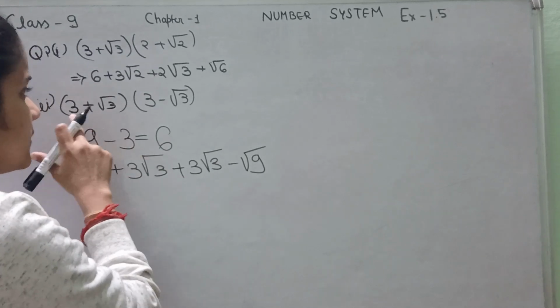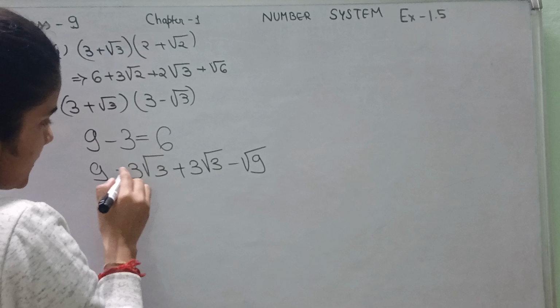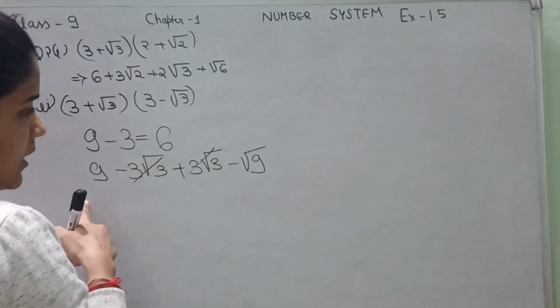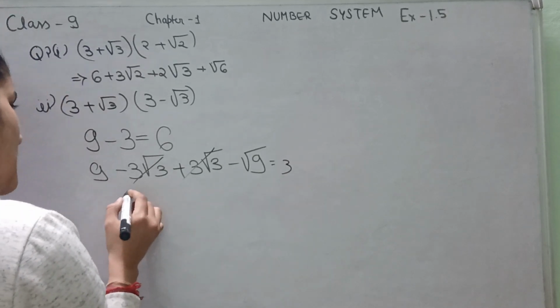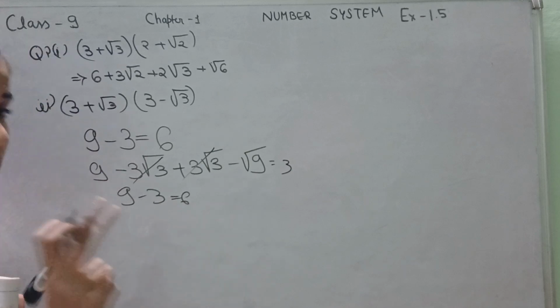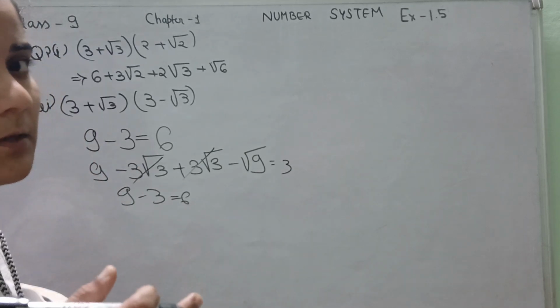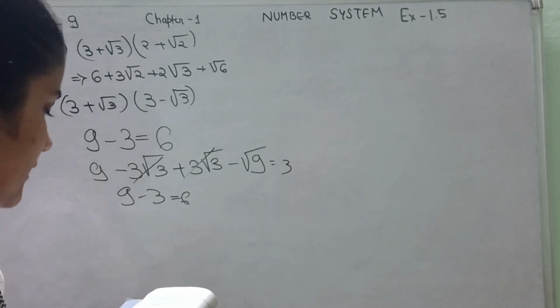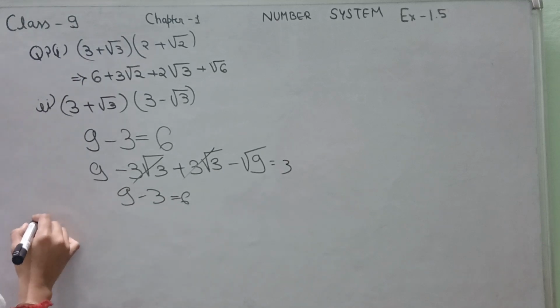Yes, the minus sign needs to be implemented here. I was seeing I was mistaking something. Okay, plus minus cancel out. Minus root 3 into root 3 is minus 3. So 9 minus 3, which is 6. I have verified it with both methods, by the identity a plus b, a minus b is equal to a square minus b square, as well as by the method I am solving.